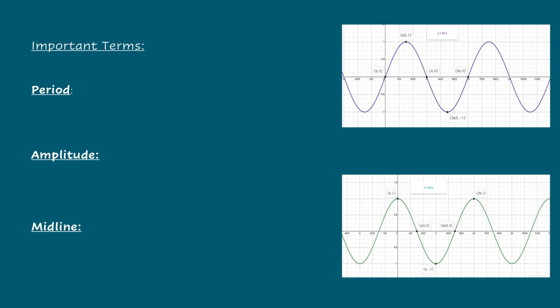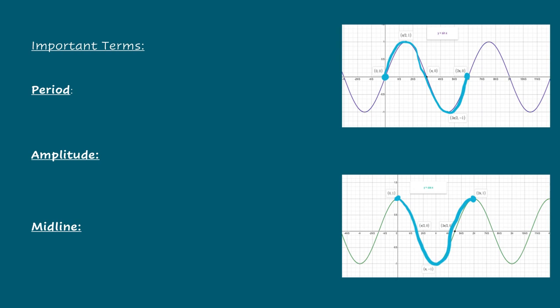So what does that look like on the graph? All right, so on the graph of a sine function, that means if we're starting right here, a period would look like going all the way up, coming all the way down, and then getting right to here. That is a period. On the cosine function, we start up here, we come down, and we get back up to here. That is a period.